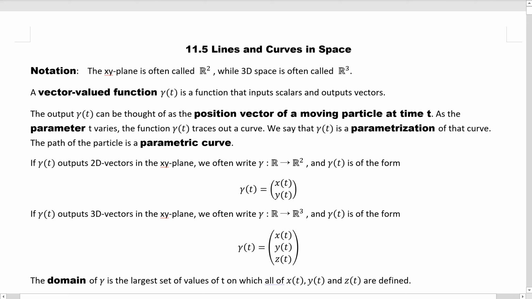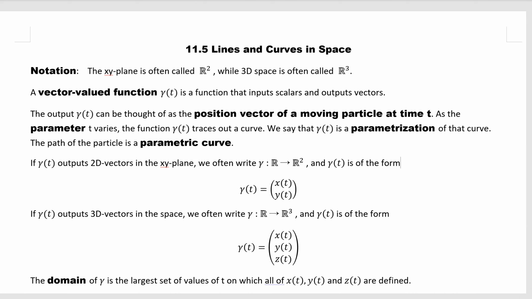If gamma of t outputs a three-dimensional vector in space, then we often write gamma is from R to R3. And gamma of t is a vector-valued function with three coordinates, so three components in this case.